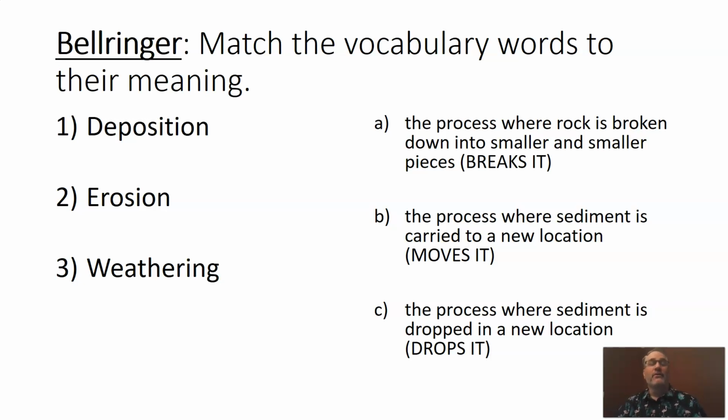We talked about that the broken down rock is called sediment, and once you have sediment, that sediment can be carried to a new location, which is B. And of course, we're talking about erosion, so 2 would match with B. And finally, by process of elimination, we look at deposition, and deposition is just the process where sediment is dropped in a new location, or drops it. So weathering breaks it, erosion moves it, and deposition drops it.